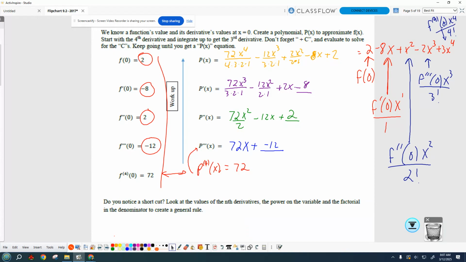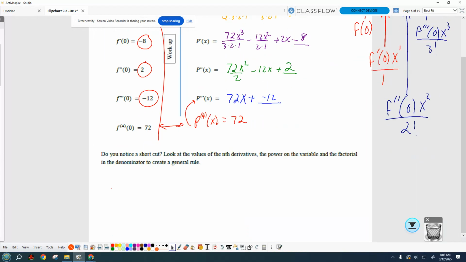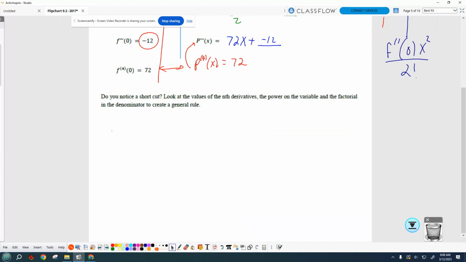At the bottom of the page, it says, is there some kind of neat general rule? So I want, say, the 7th term.